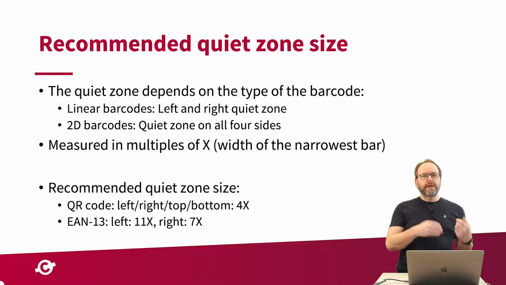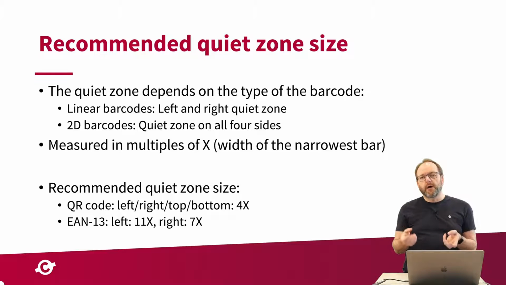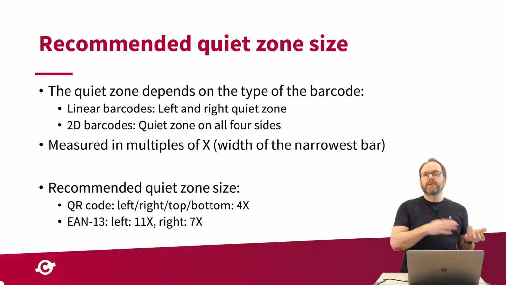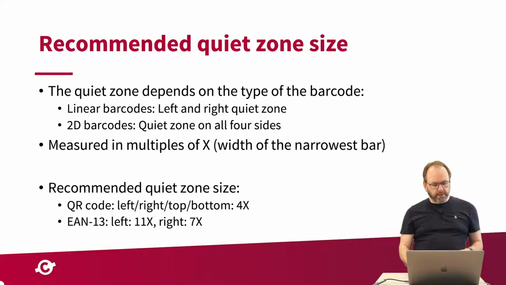It's measured in multiples of x, where x is the width of the narrowest bar in the barcode, or the module. For a QR code, for example, you need 4x. For an EAN code, you need 11 on the left-hand side and 4 on the right-hand side. So it really depends on the type of barcode you're working with.